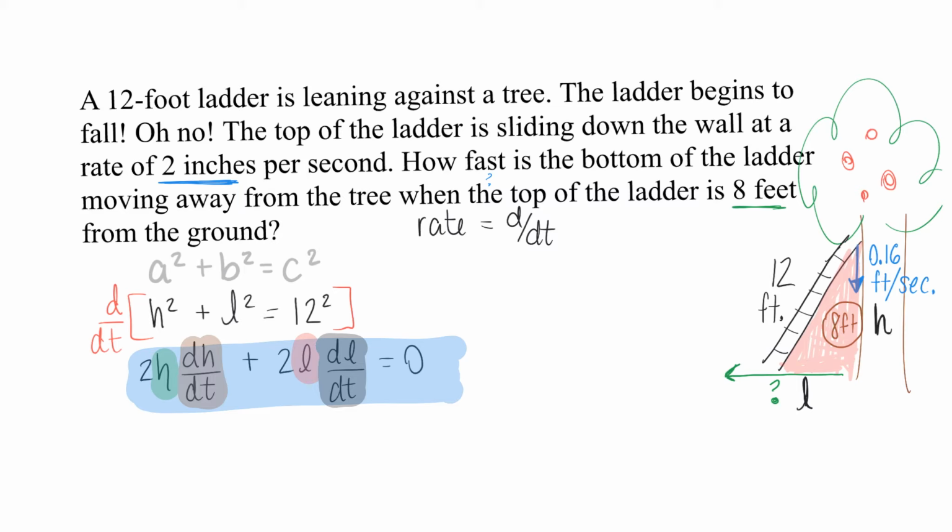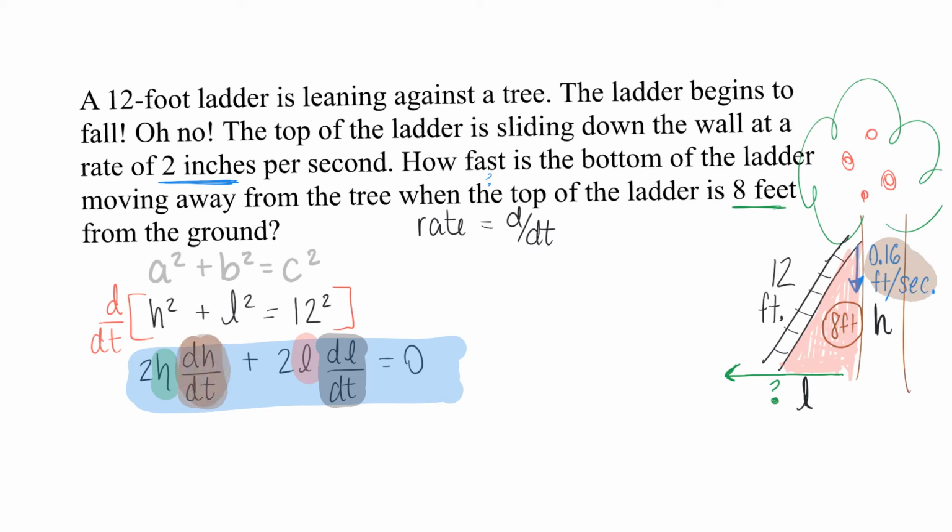0.16 is a rate, and it's the rate of height. Well, that means that is dh dt, isn't it? That's dh dt.